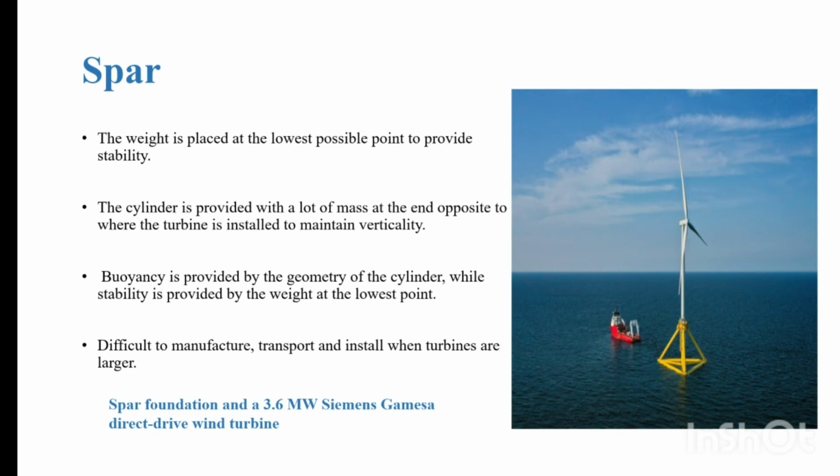If the cylinder is homogeneous, it will not be stable floating vertically and it will tip over to float horizontally. To avoid this, the cylinder is provided with a lot of mass at the end opposite to where the turbine is installed to maintain verticality.